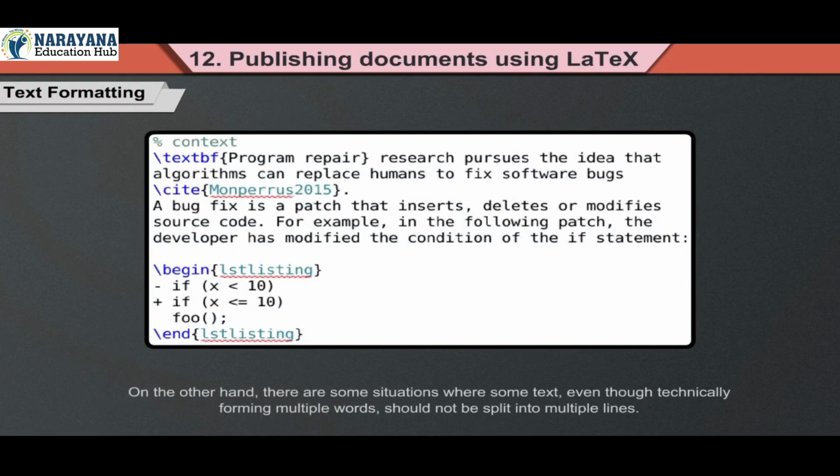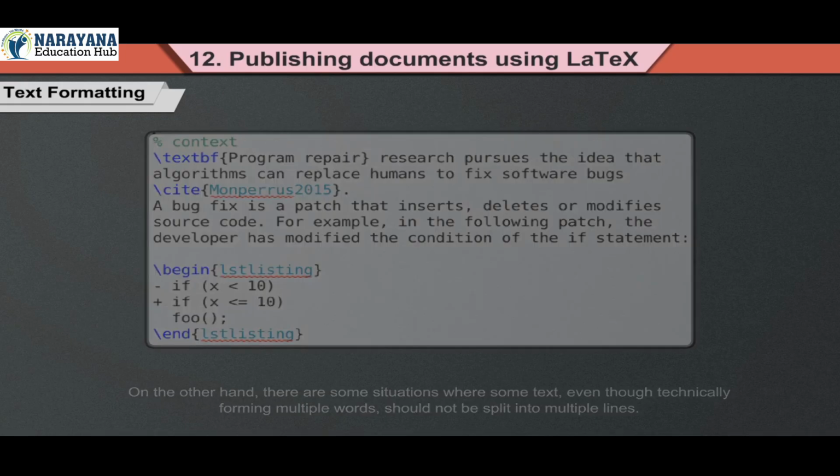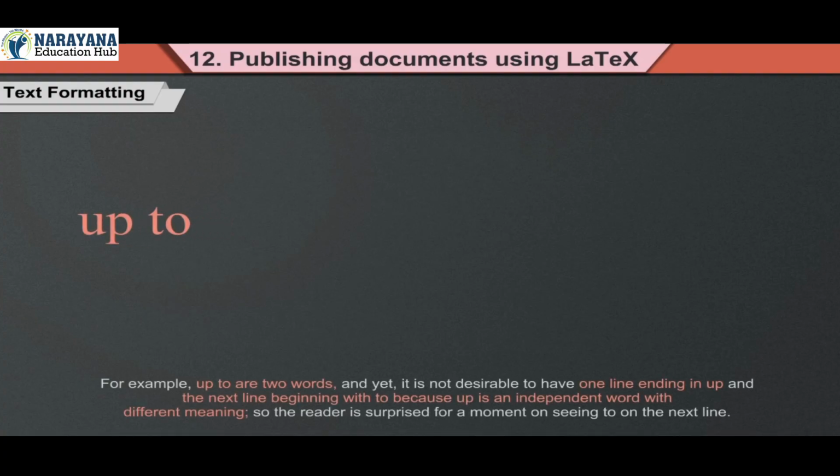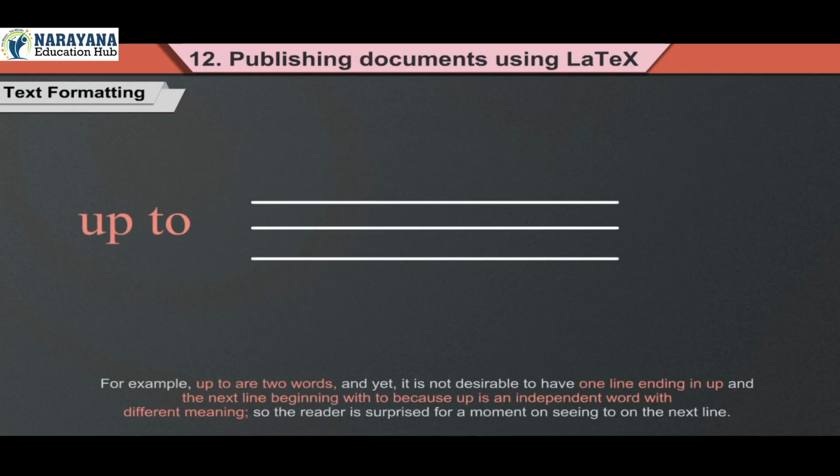On the other hand, there are some situations where some text, even though technically comprising multiple words, should not be split into multiple lines. For example, "up to" are two words, and yet it is not desirable to have one line ending in up and the next line beginning with to, because up is an independent word with different meaning.